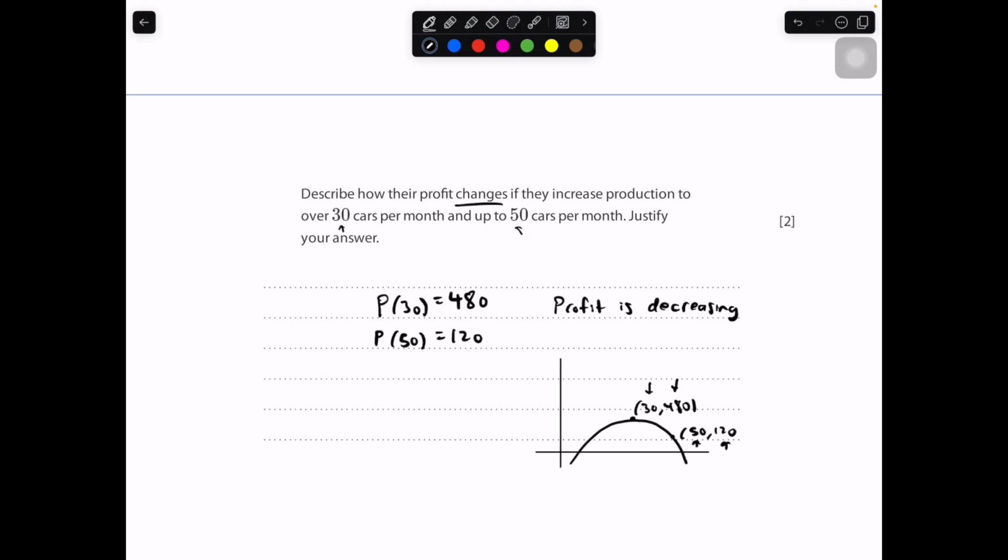So the profit is decreasing in this case. Actually, sorry, I think this was 440. This was for 440. Let me change that here as well.